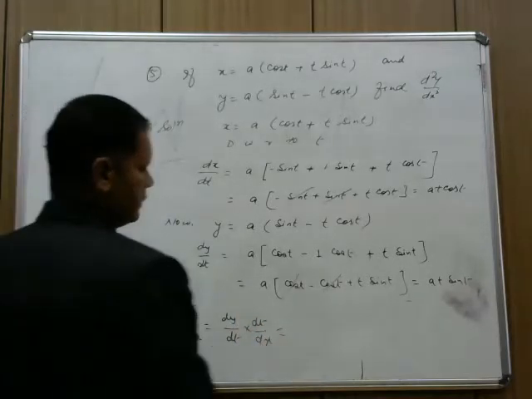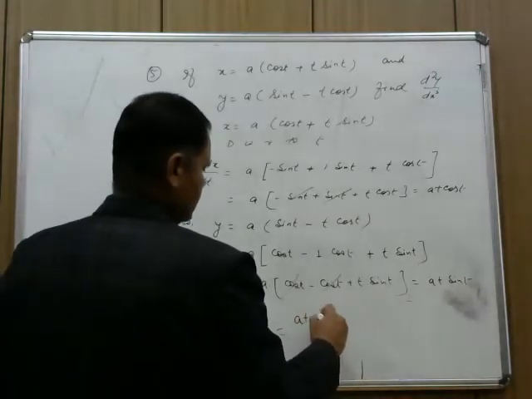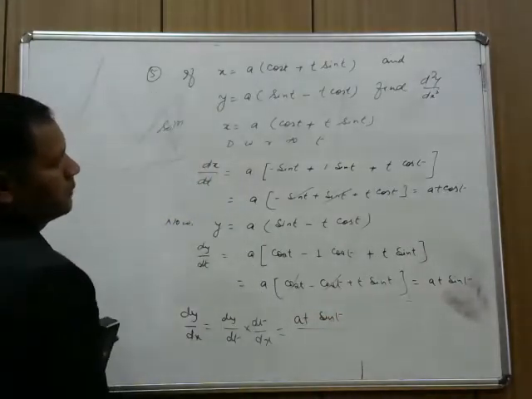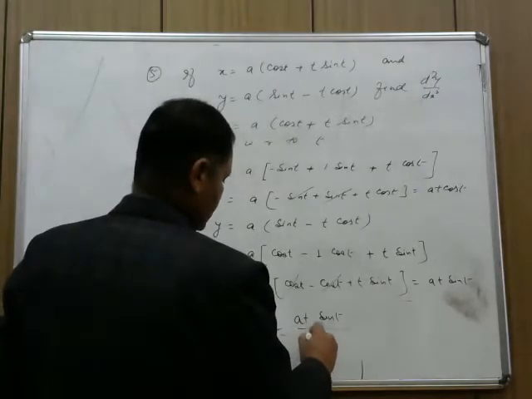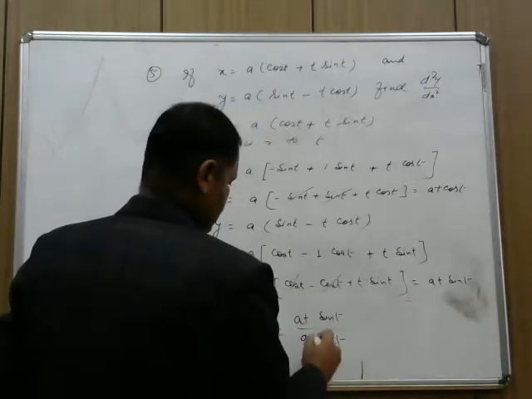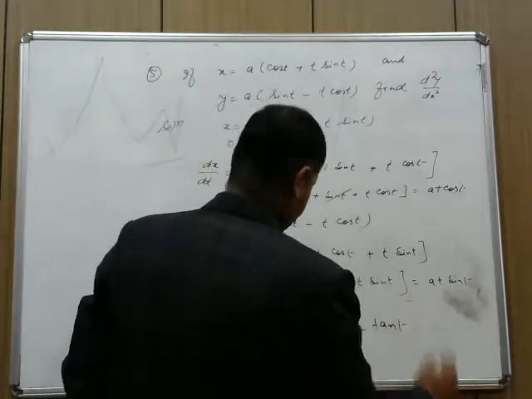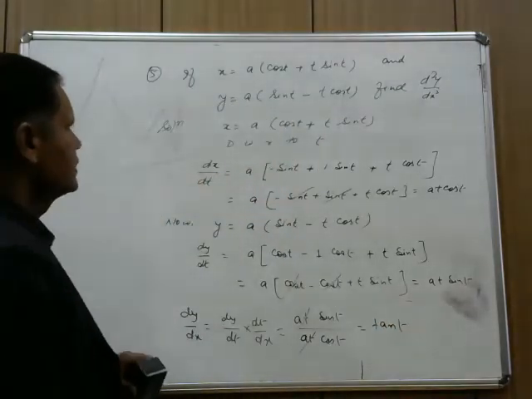Dy by dt we have a t sin t upon dx by dt we have a t cos t. Now a t is cancelled. Sin t by cos t, tan t. So now dy by dx is equal to tan t.